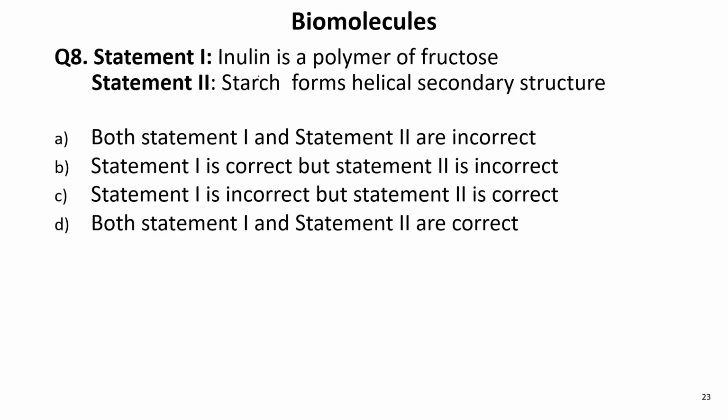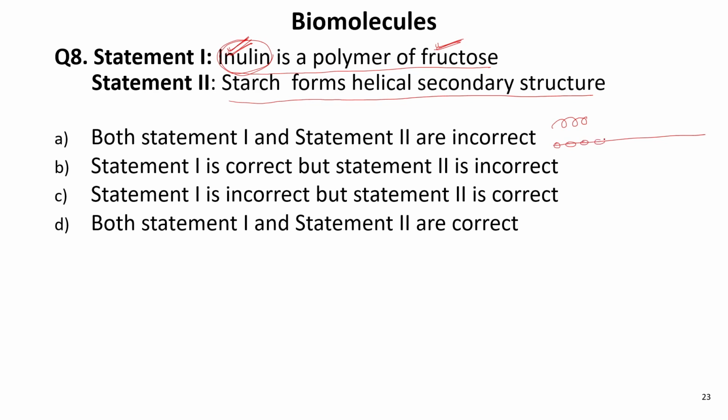Next question. Inulin is a polymer of fructose and starch forms the helical secondary structure. So inulin, it is a polysaccharide that is made up of fructose monomer. And starch forms the helical secondary structure. If you remember the structure of the protein earlier, there is a single polypeptide.